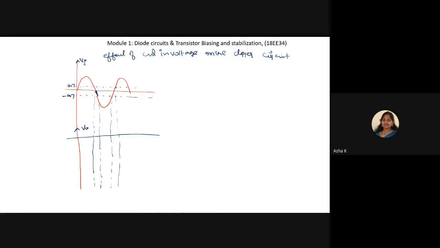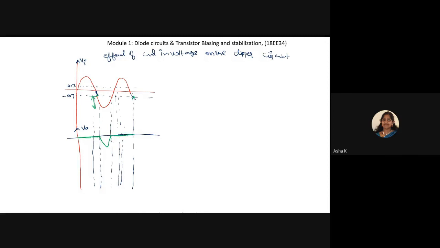Before that, we will not have any waveform. During the positive half cycle it is 0 only, and again till minus 0.7 it is 0 only. After minus 0.7, whatever you have from here to here will appear across the output, that is the load resistance RL. Again, from here till this particular point it will be 0 only.